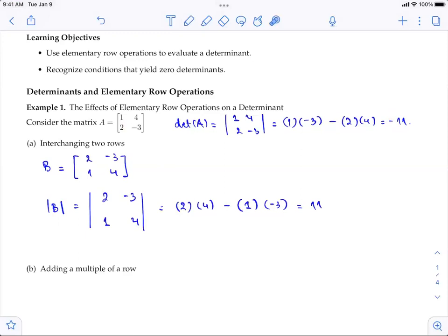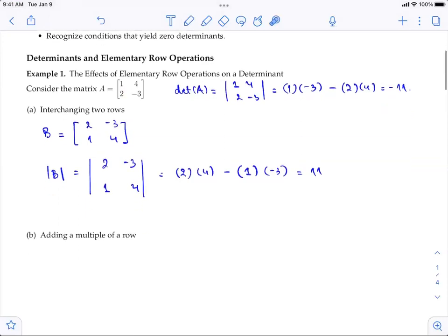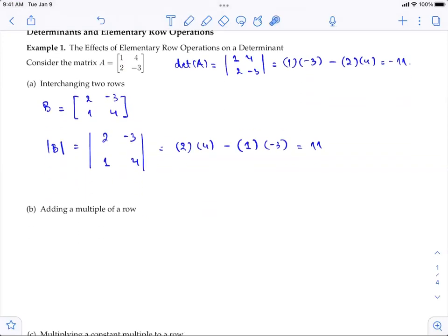Now, moving on to the next example, you want to add a multiple of a row to another row. Right.